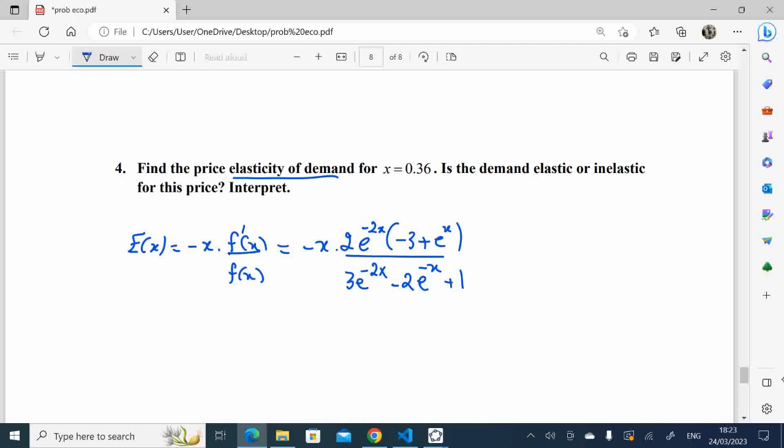Now I have to find E of 0.36. It means I need to find the elasticity of demand for this price.